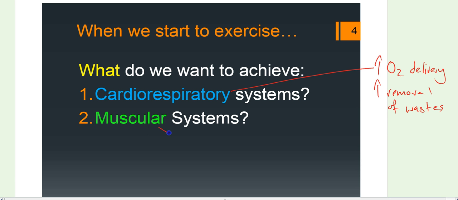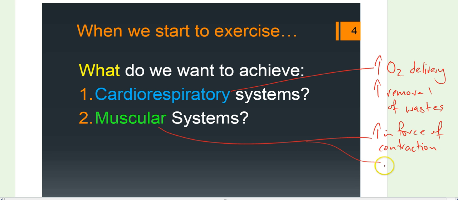Now, these wastes could be seen as either heat, carbon dioxide, water. From our muscular system, the two things that we really want to look at are increase in force of contraction and then secondly, increase speed of contraction.